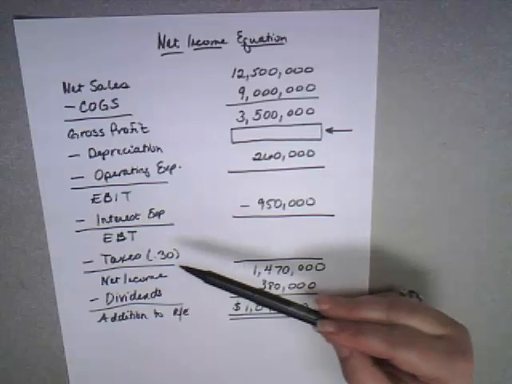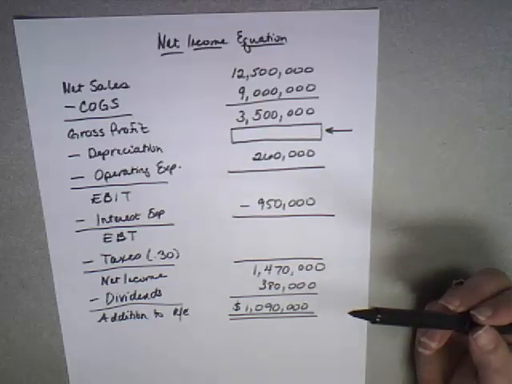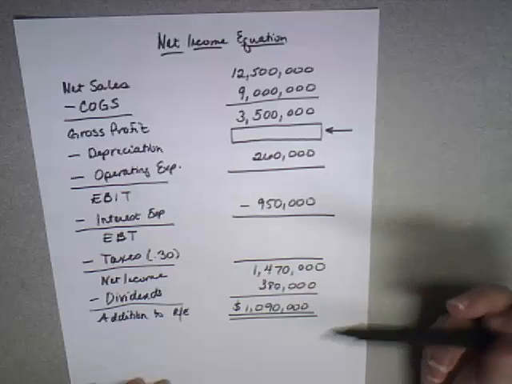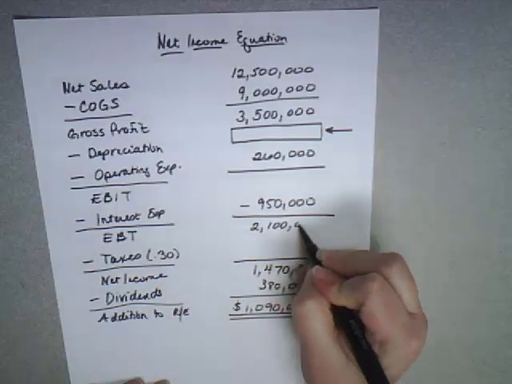Now, if we're paying 30% in taxes, we know that we did not pay on 70%. And when we do that calculation, it's going to give us our earnings before taxes of $2,100,000.